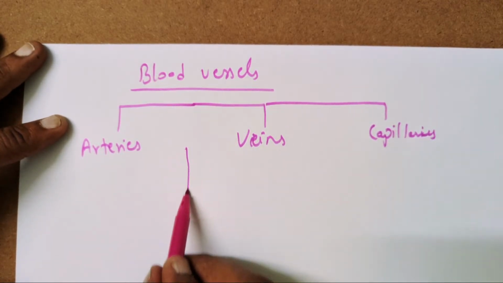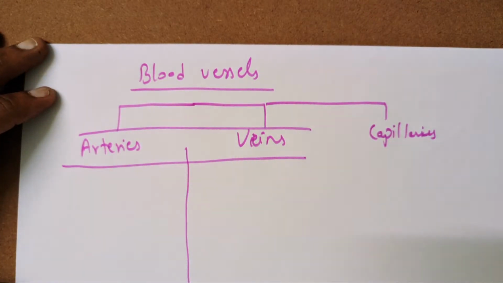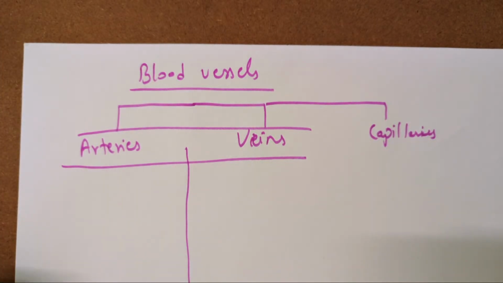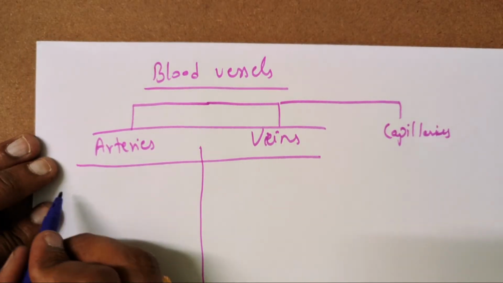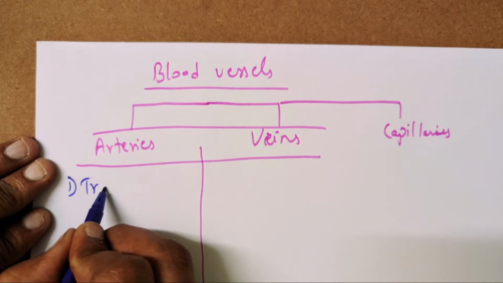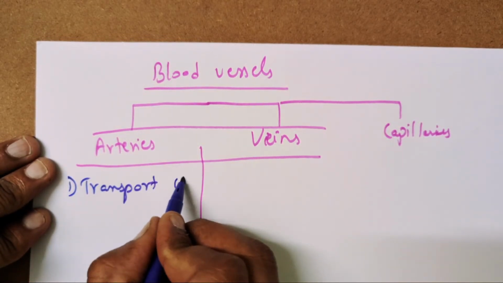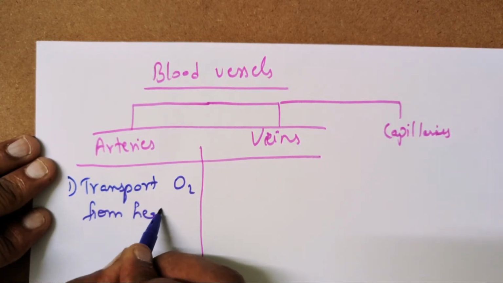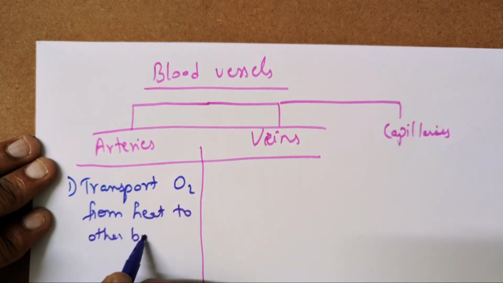We'll study arteries and veins first. Arteries are the blood vessels which transport oxygen from the heart to other body parts.